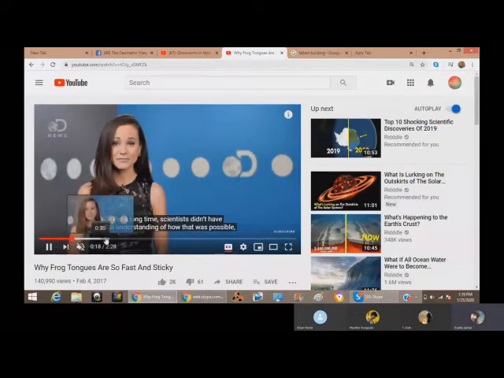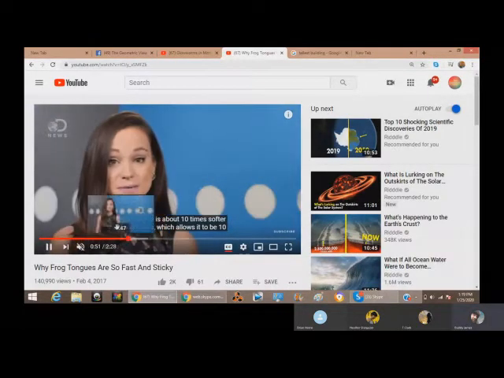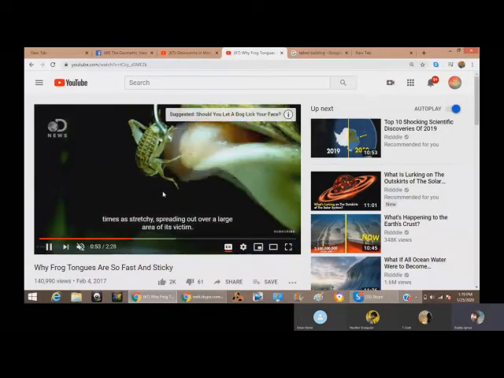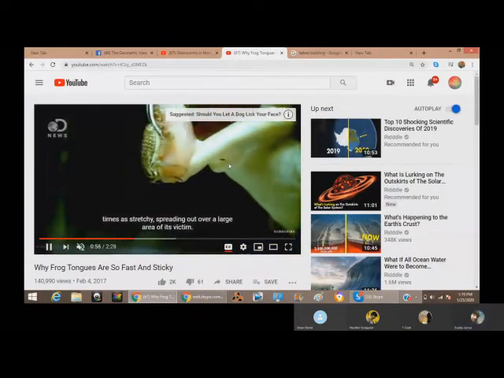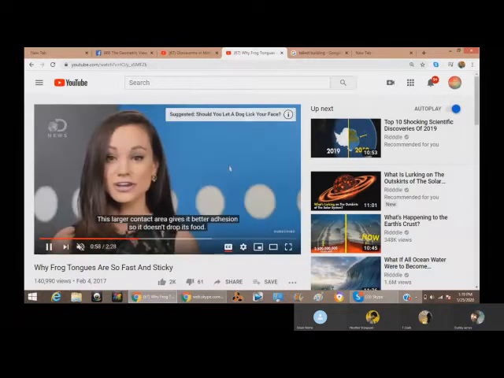I would suppose that a cross section of a frog's tongue would probably be like a tree, you know, the tree rings.